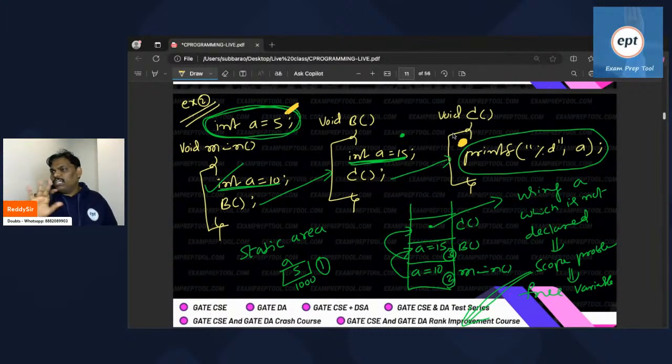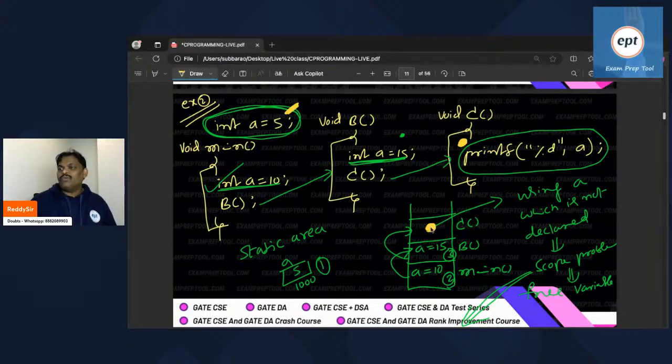Just leave it. Just ignore it. The processor will take care, meaning while running, the processor will take care. I am here, print A. There is no local, so the compiler got to know it is a scope problem. But I said to the compiler, you ignore. The processor will take care. That is called dynamic scoping.